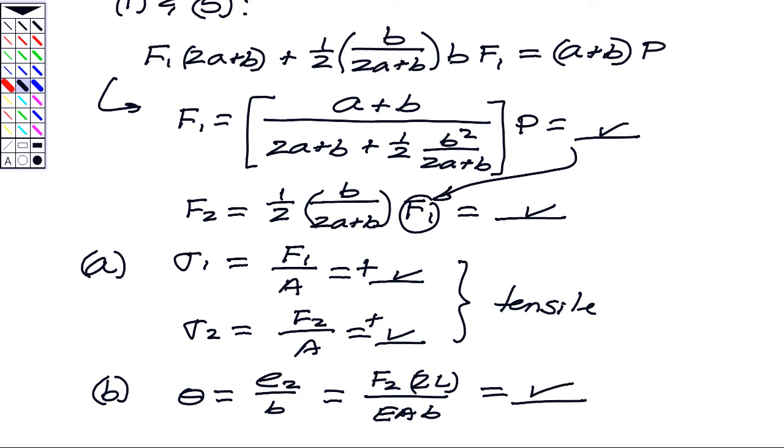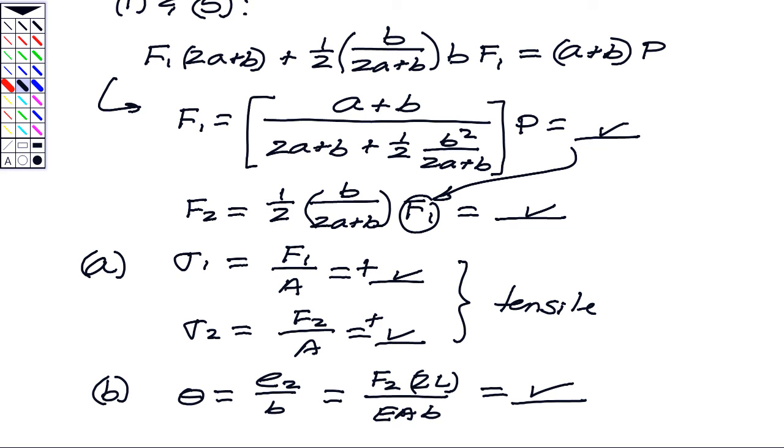The point of the problem is that this problem is statically indeterminate. It's got 3 supports, and that's too many supports that we can solve from treating everything as rigid. But fortunately, we know something about the compliance of rods 1 and 2 in terms of our elongation equations.